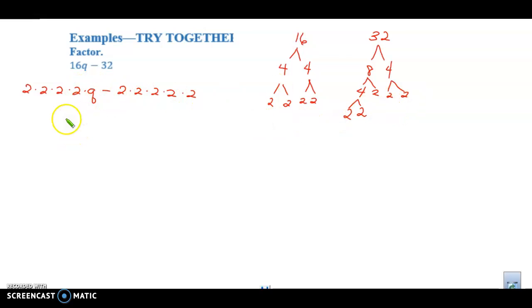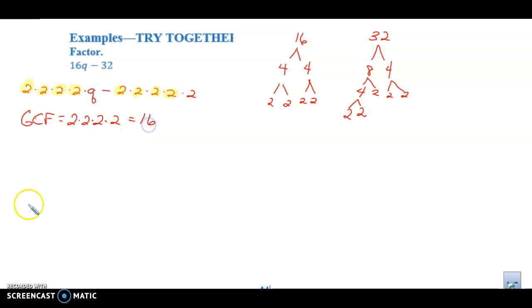All right, so let's see. We have a 2 and a 2 and a 2 and a 2. So we have 4 2's. We have a q left here, and we have a 2 left here. So our greatest common factor is 2 times 2 times 2 times 2. 2 times 2 is 4, times 2 is 8, times 2 is 16.